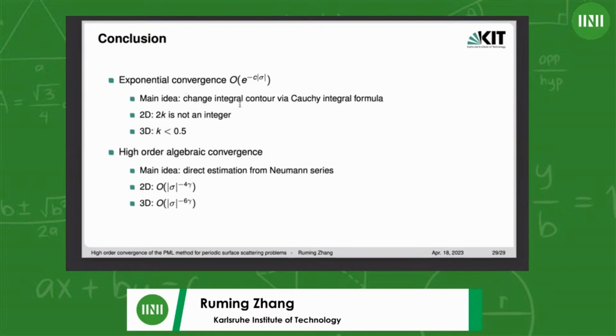The main idea here is to change the integral contour with the Cauchy integral formula. But for the other cases, for example in 2D when 2k is an integer, or in 3D when k is greater or equal to 1/2, we cannot get the exponential convergence.